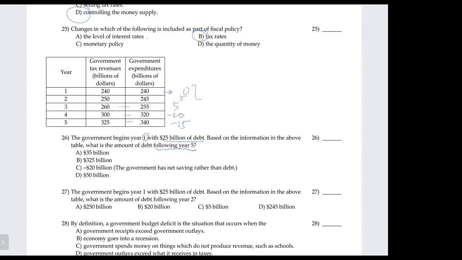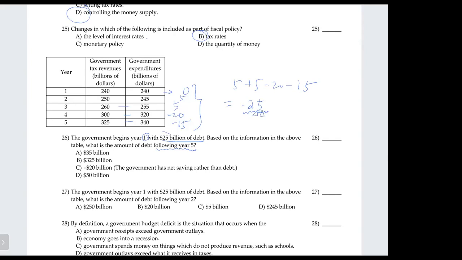So that just means throughout these 5 years, first of all, the total surplus or deficit is going to be 5 plus 5 minus 20 minus 15 equal to minus 25. Okay, so throughout these 5 years, you have an additional 25 billion of deficit, meaning you need to borrow an additional 25 billion.